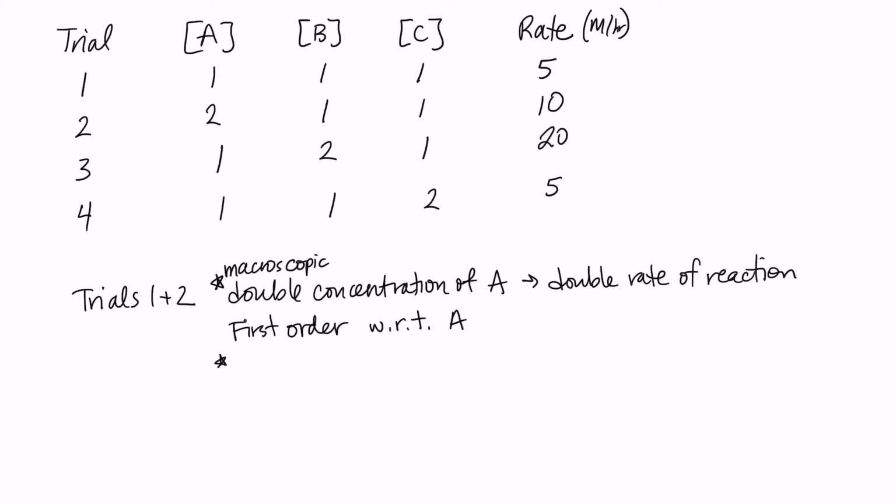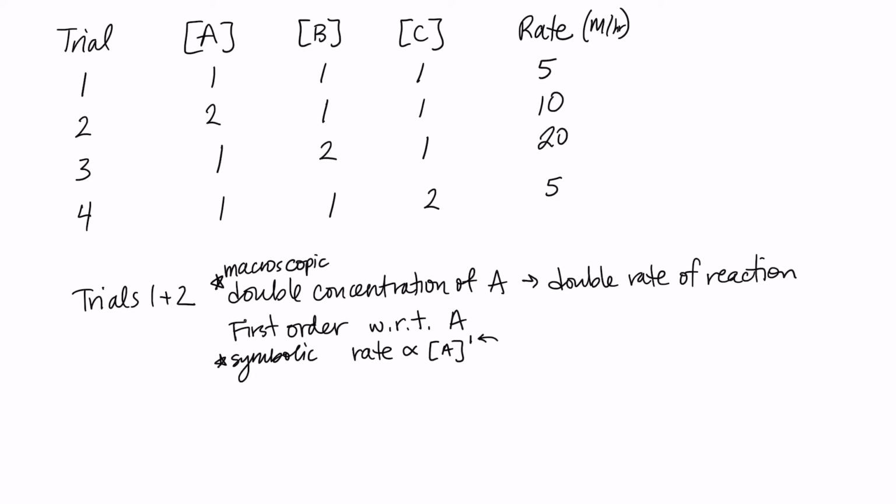Now we also have a symbolic way of writing this, or a mathematical way of writing this, and that's to say rate is proportional to the concentration of A raised to the first power. That 1 here is because it's first order.